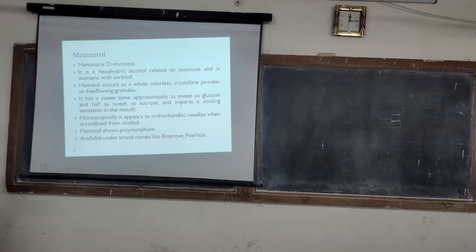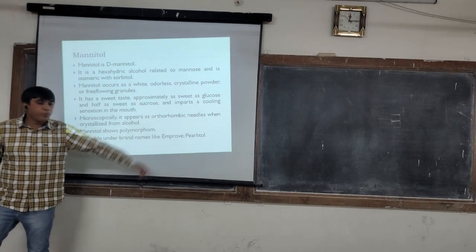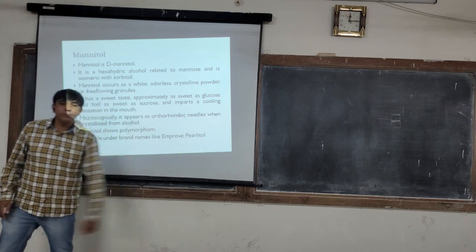Mannitol is again a sugar, a hexose sugar, and it is white odorless crystalline powder. It is directly compressible, water soluble, hygroscopic, hydrophilic in nature, and common ingredient of chewable tablets. It is available under the brand names like Pharmaburst and Pearlitol. Pearlitol is a common brand name.